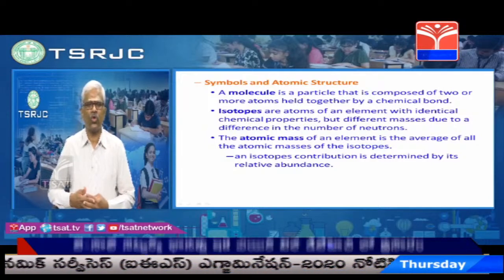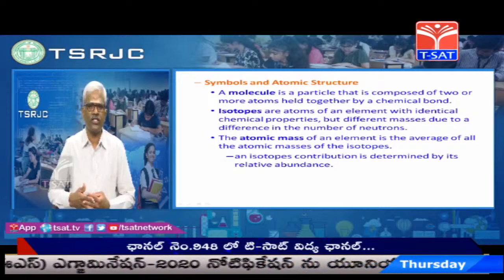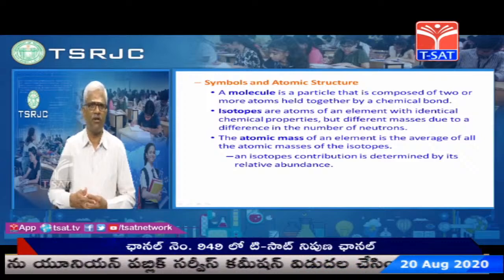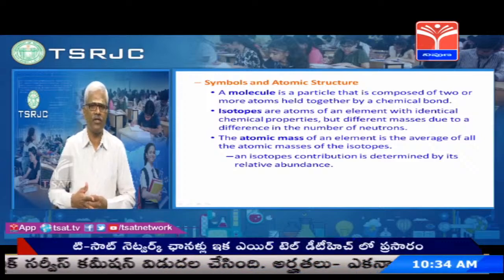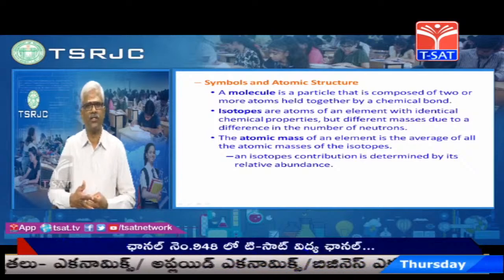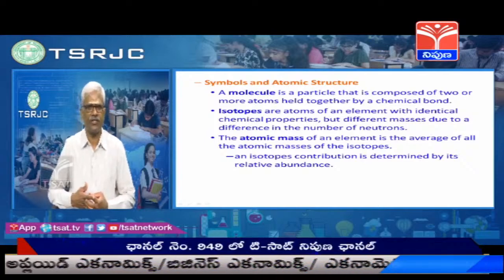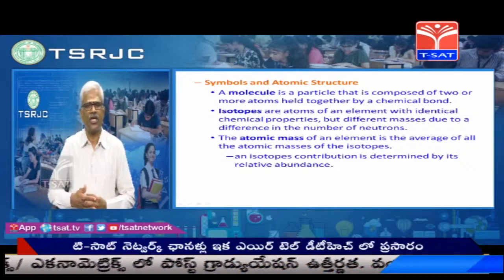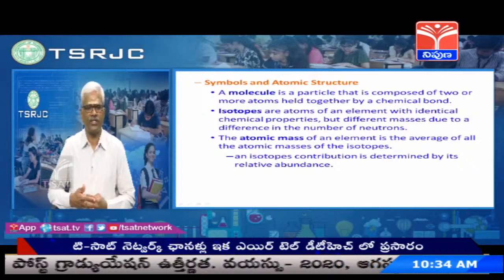In the beginning, I told every element will possess unique varieties of atoms. All the atoms in an element are unique in nature, but here is the exemption. There are isotopes in almost all elements.